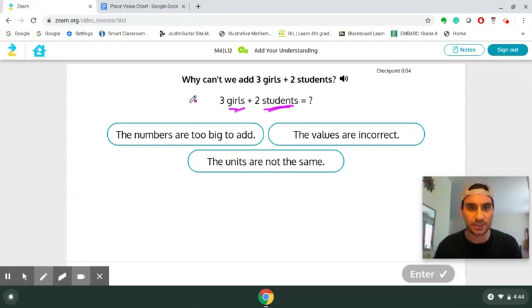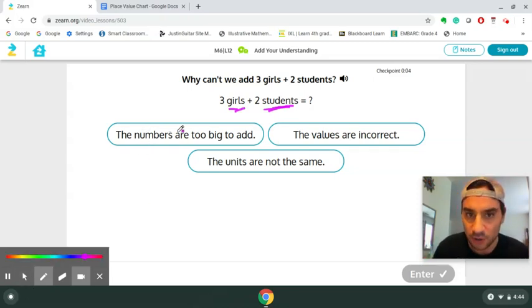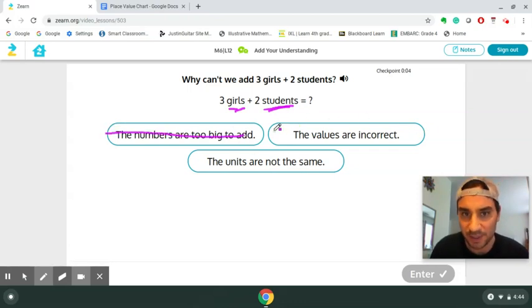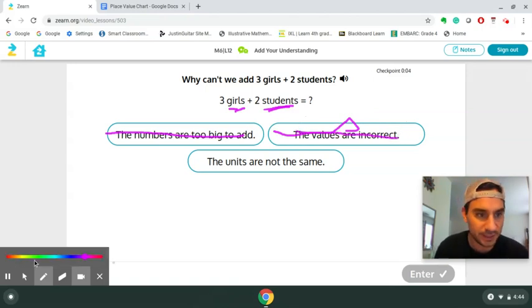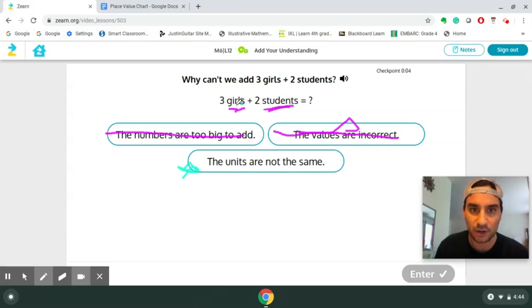They're different units, okay? So the numbers aren't too big to add. We can cross that out. The values seem to be correct. You could easily have 3 girls and then 2 separate students, but this is the key right here. The units are not the same. Our girls and students are different.